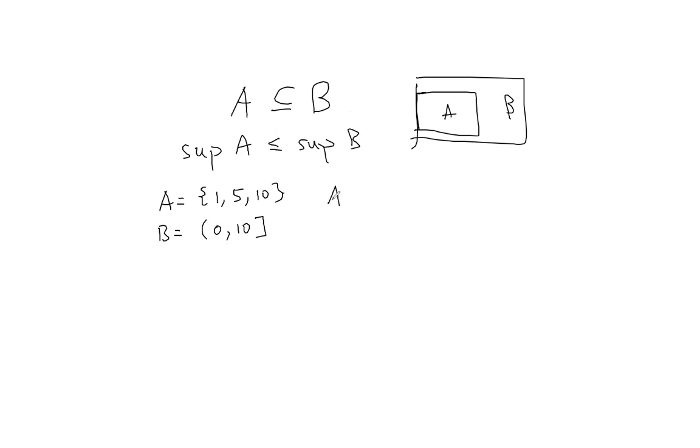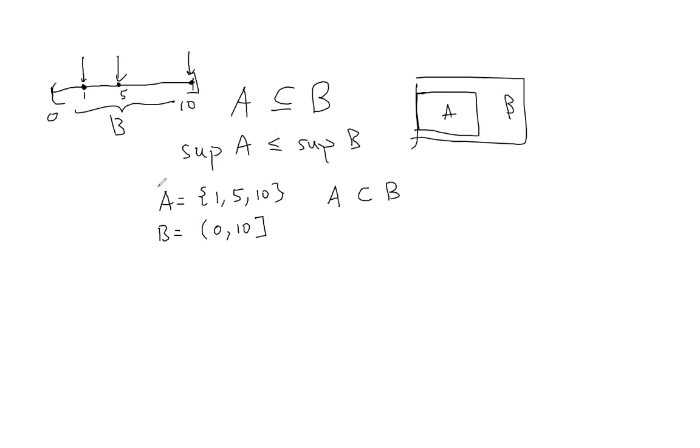So clearly here A is a subset of B. Agree? Because your B is running from 0 to 10, and this is your B. Your A consists of the collection of values 1, 5, and 10.